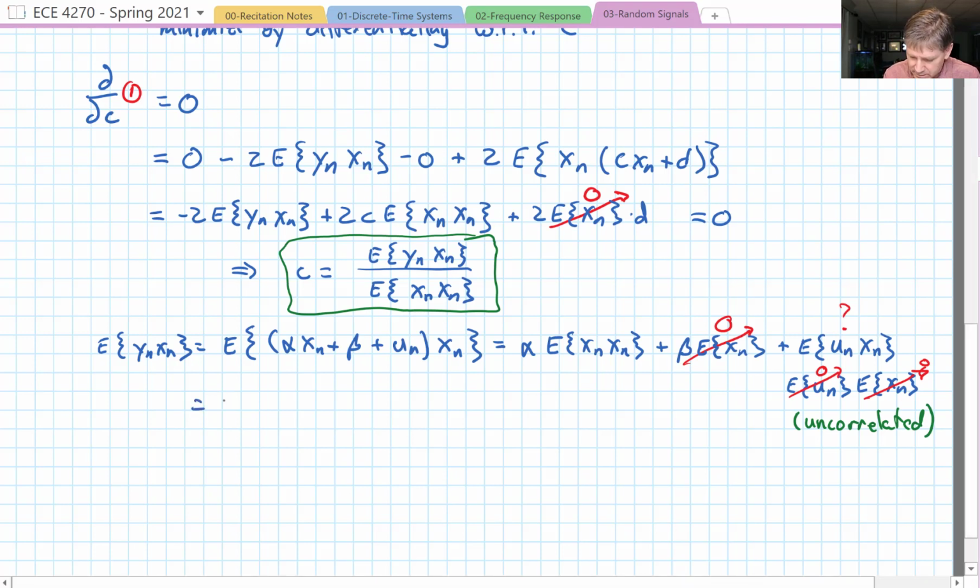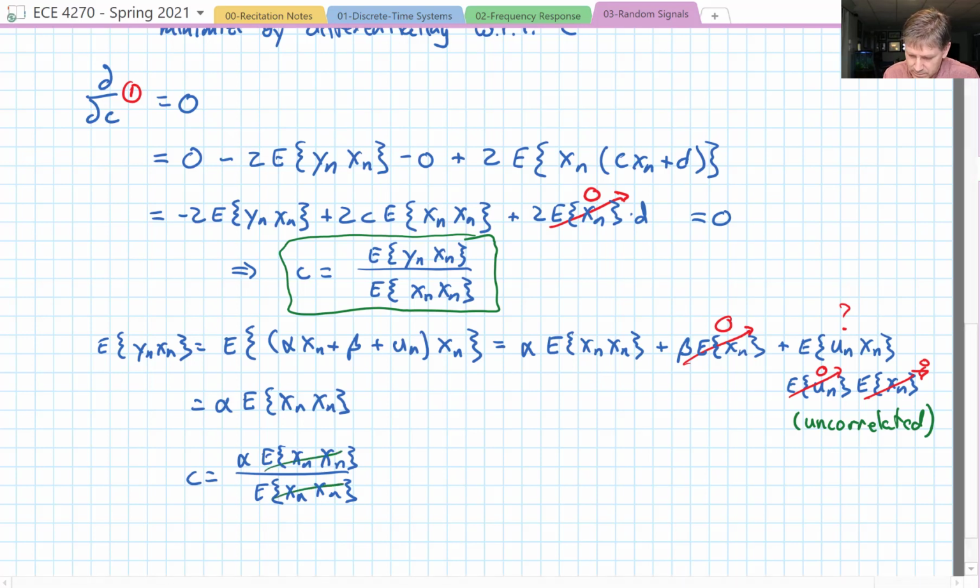So now this is equal to alpha times the expected value of x[n]x[n]. When we plug that into the equation for c, c is equal to now alpha times the autocorrelation of x at point n,n. Those two divide out, giving us alpha. So c is equal to alpha.